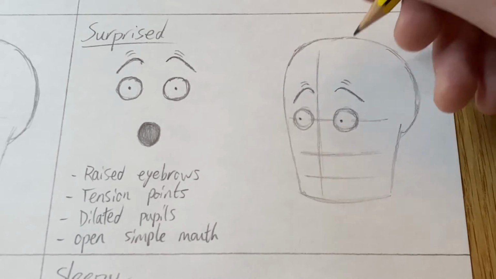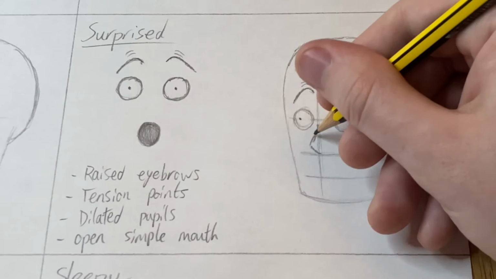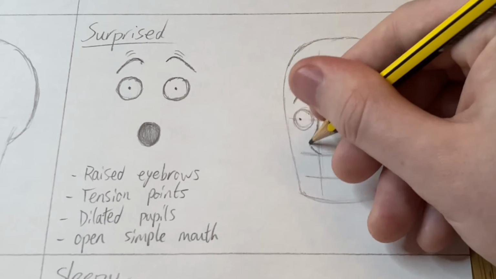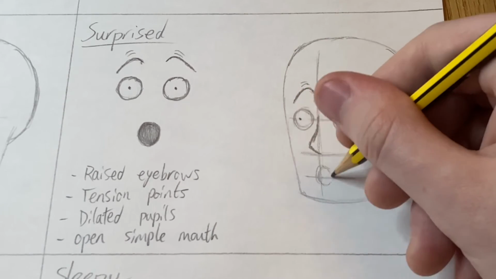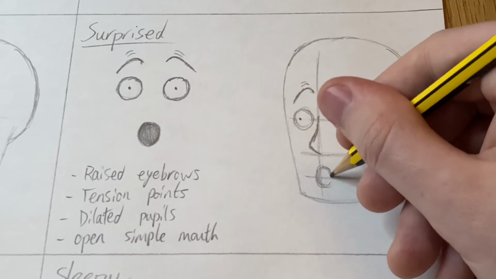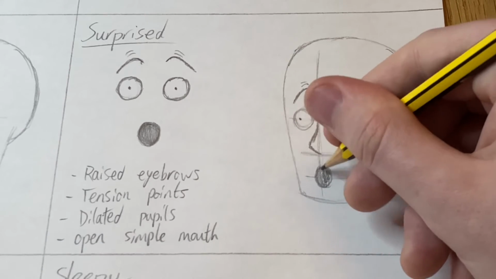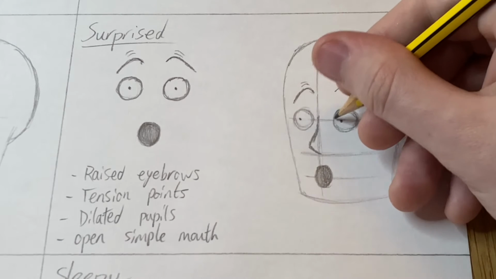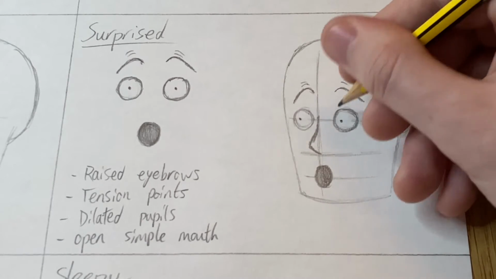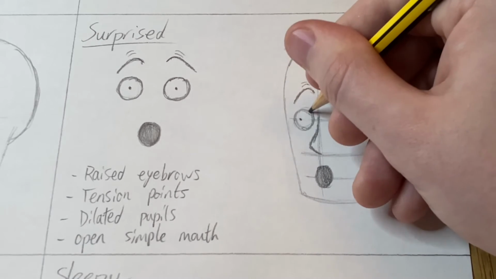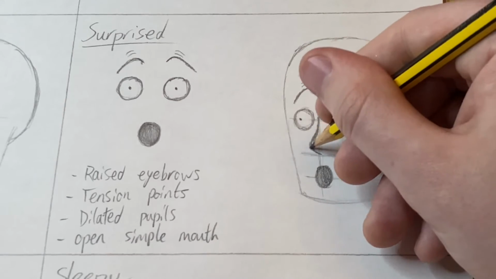Tension points as well. Add in our nose. And then our mouth is quite low down. There you go, that is the next facial expression done. That is surprise.